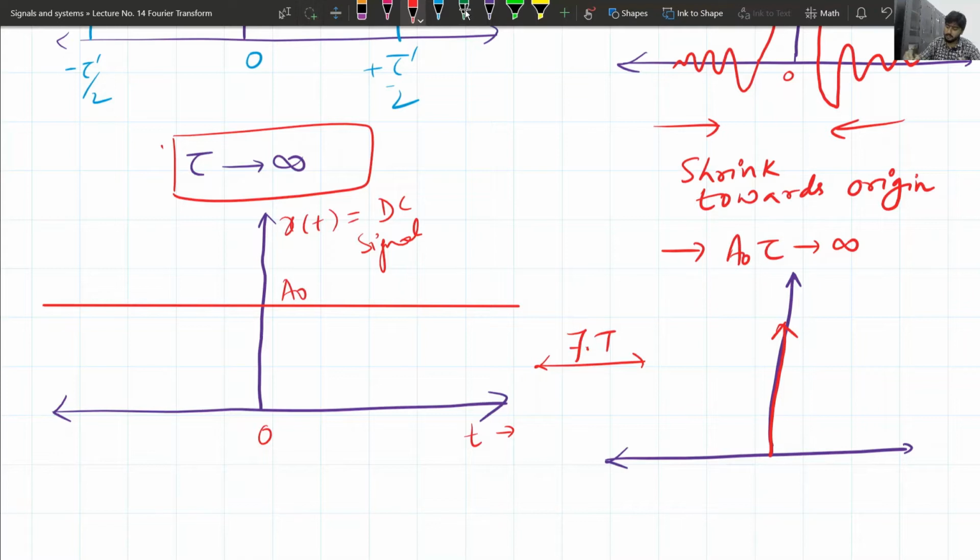Let's say k is some constant, k times del omega. This is X of omega.